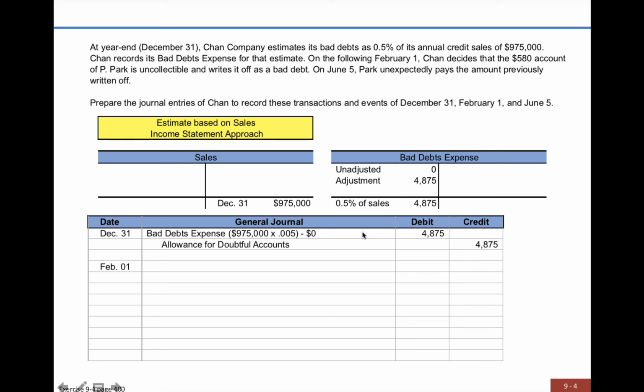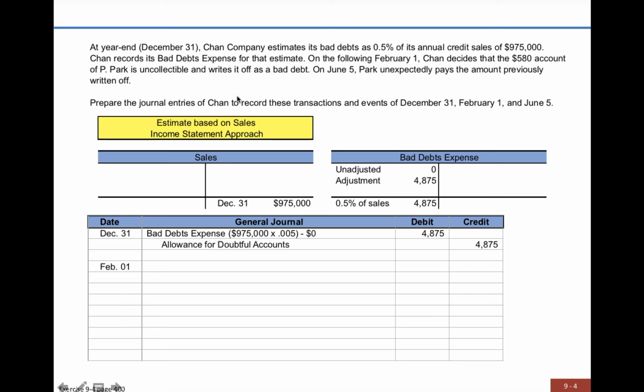So that then when time goes by, as accounts are written off, like we're about to do right here, those write-offs will come out of this allowance for doubtful accounts.